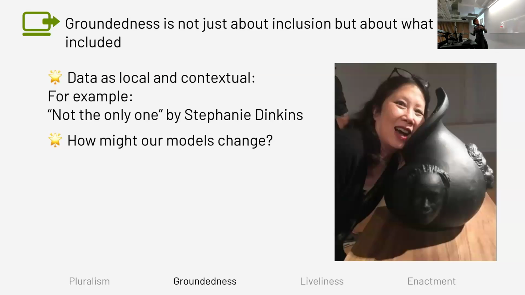So for that, I'm going to channel one of my favorite artists, Stephanie Dinkins, who has done this beautiful work, which is, and I quote, an experiment in making a multi-generational memoir of a Black American family told from the perspective of a custom deep learning artificial intelligence. Stephanie Dinkins collected oral stories from different generations of their family and used that as training data.